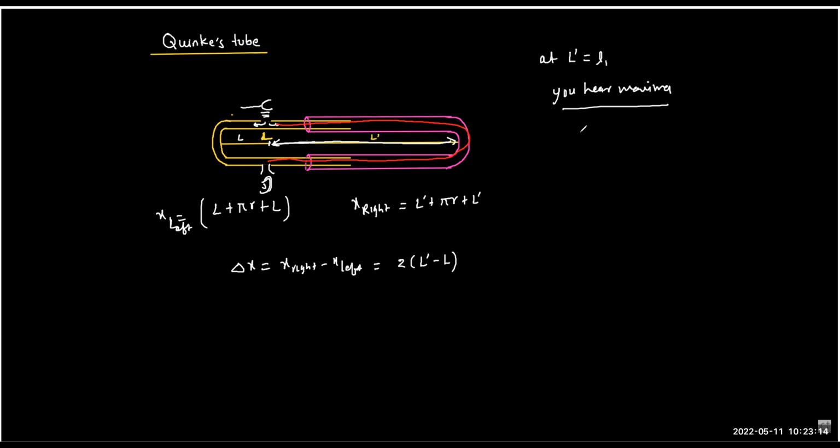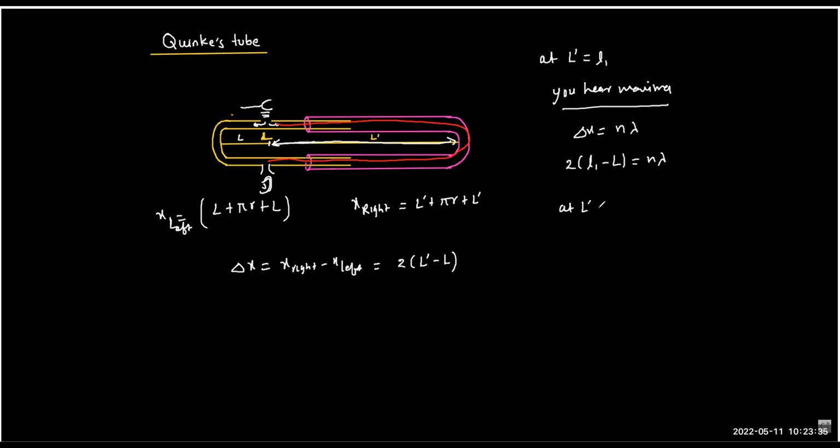What does it mean? The delta x must be n lambda, isn't it? So we can write twice of L1 minus L equals n lambda.